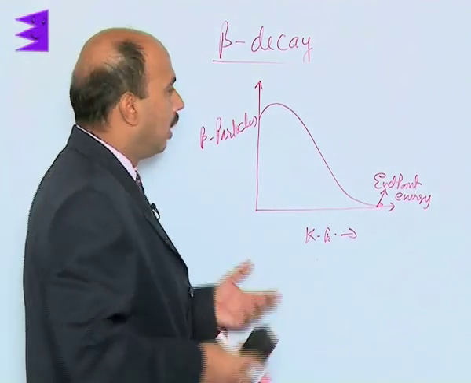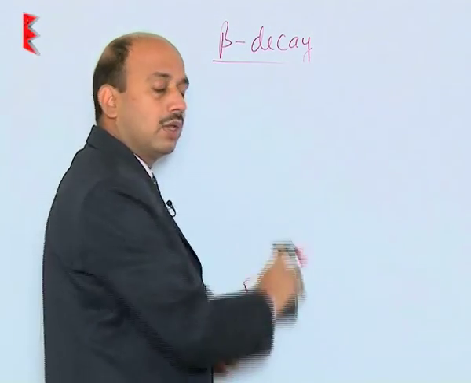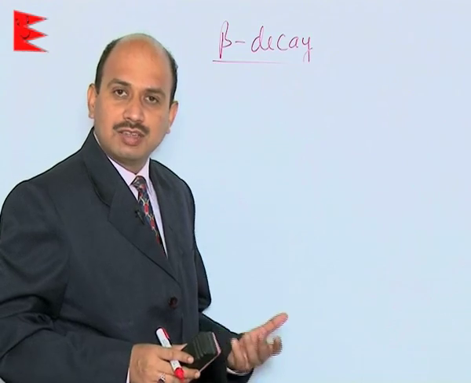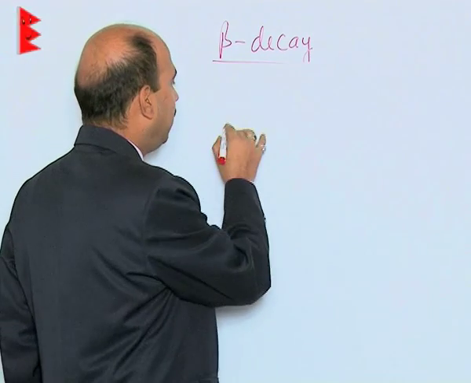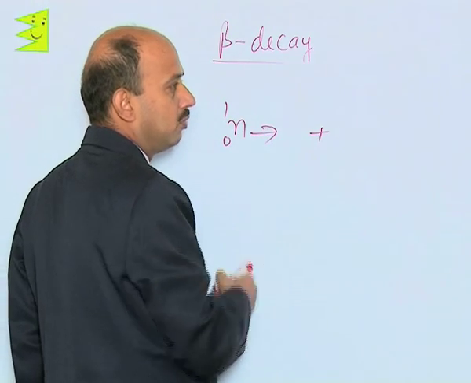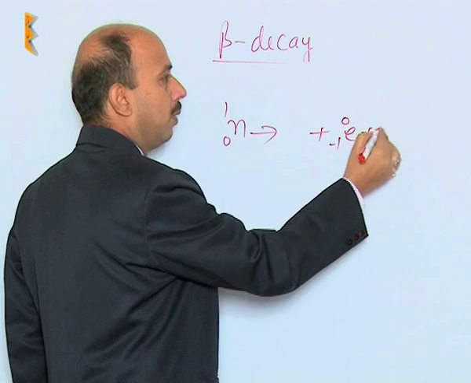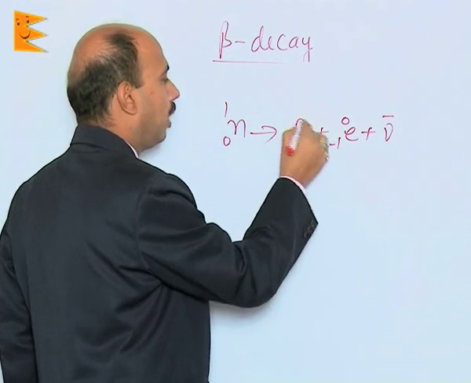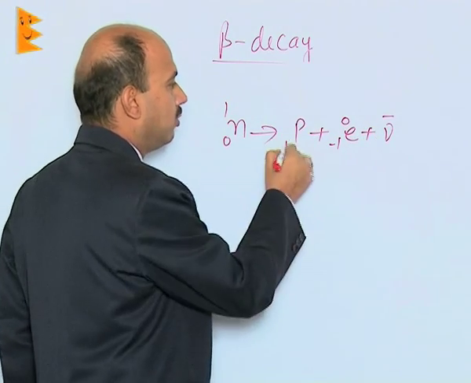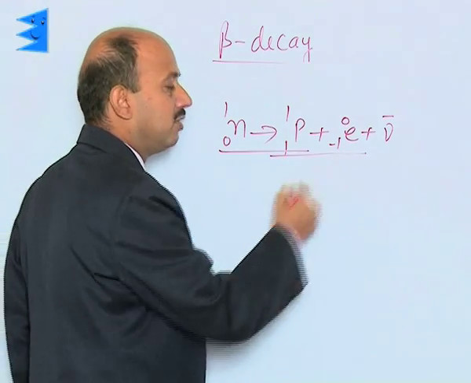Now also, if you take how the beta particle comes from the nucleus, you know the free neutron is unstable. If you have taken a free neutron like this, 0 1, it disintegrates and forms -1 0 plus an antineutrino, and it gives out a proton, which is 1 and 1. So the free neutron disintegrates by itself.